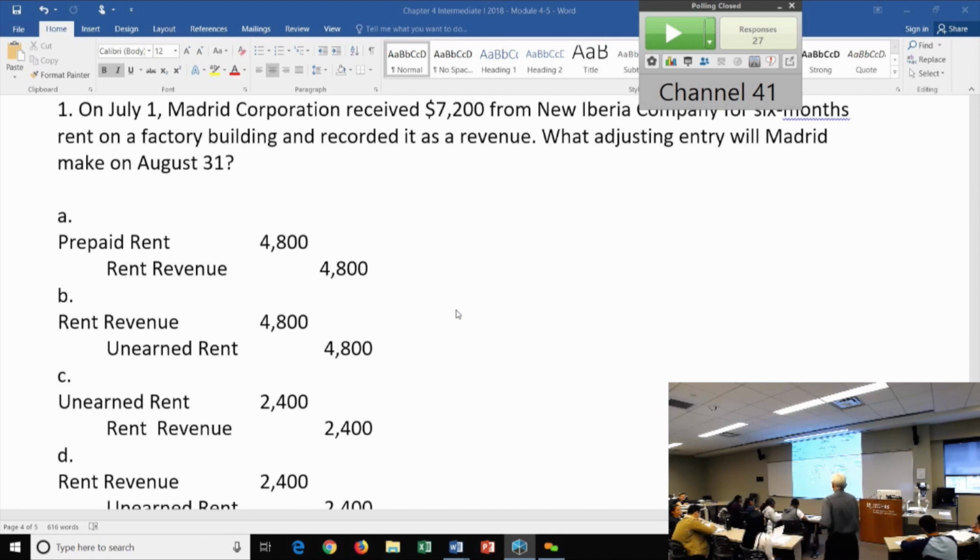So the original entry was cash 72 and revenue 72. That was the original entry. And as Chris was saying as well, you expect, and I expected to see that go into unearned.